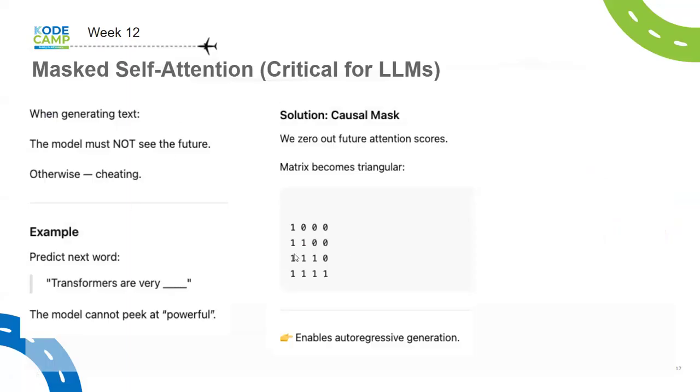Then we also talked about masked self-attention, which is what you use typically in a decoder. For a decoder, you don't want to give it the idea of the things it is supposed to predict or generate. A decoder is supposed to generate tokens. So when you are doing inference for a decoder, you don't typically give it the future tokens. You only give it the current token.